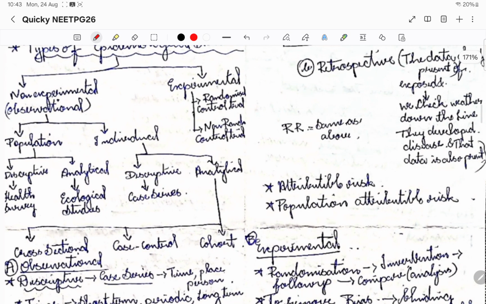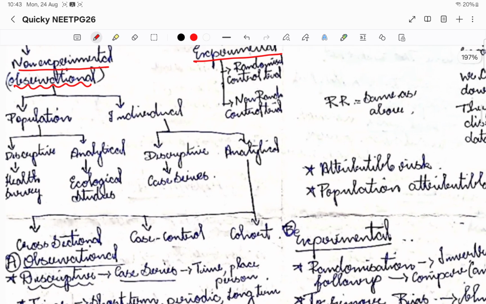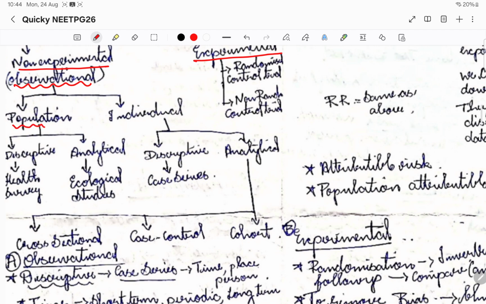There are two main types of epidemiological studies. One is non-experimental, that is observational, whereas the other one is experimental. In experimental, we do some intervention and then we study, whereas in non-experimental we are just observing. There are two kinds of observational studies, that is studying the population and studying the individual.